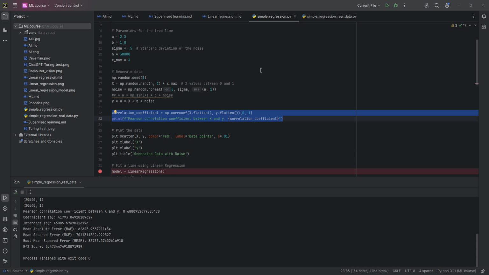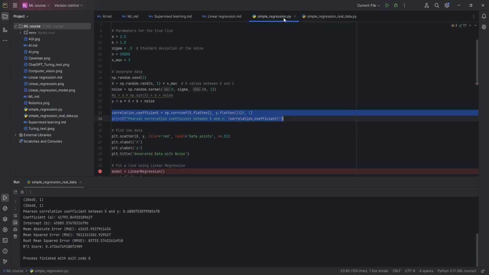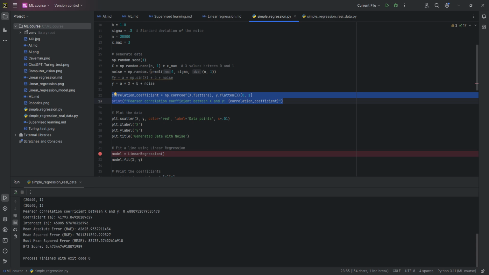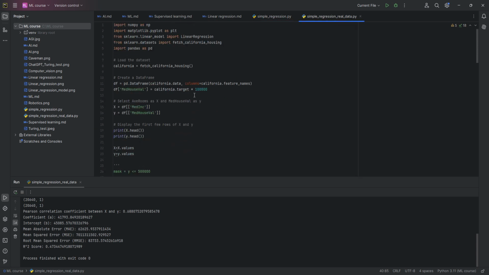So for that, I have copied the same code that we have here for the simple regression, and I copied it here. Instead of generating the data based on a simple model, we are using a real data set.